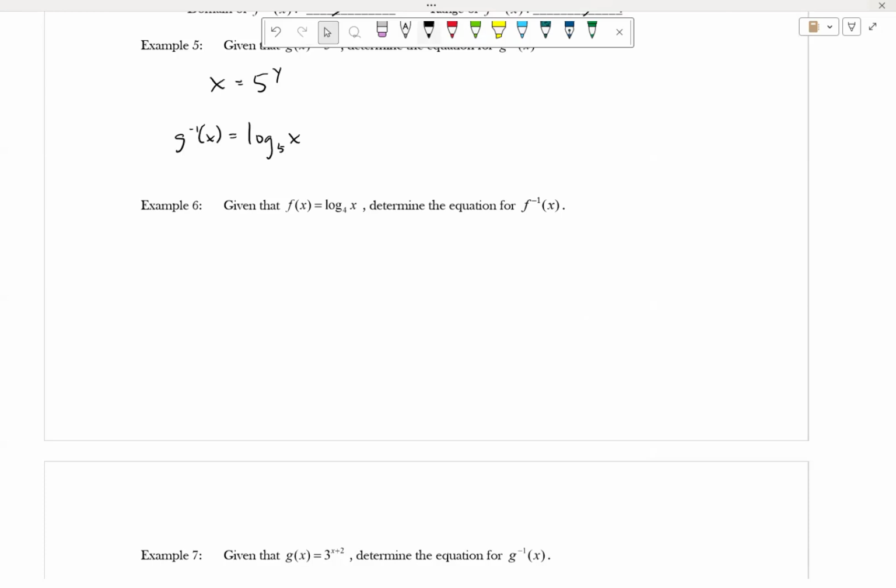Yeah, I go y, or I guess f of the inverse x, equals 4 to the x. How'd you get that? Well, because the base is 4 and then x. Okay. And did you do that in your head? You just kind of thought about it and just did it?